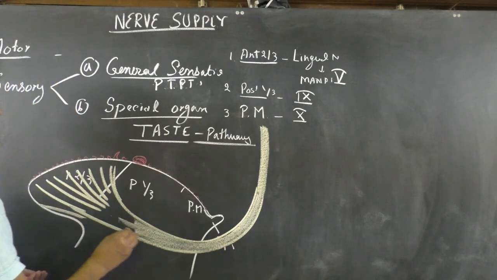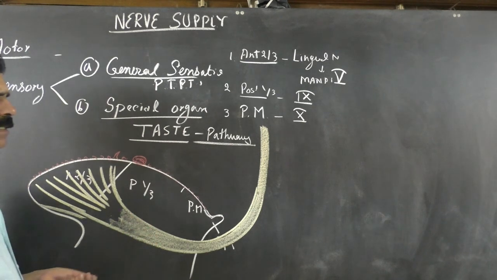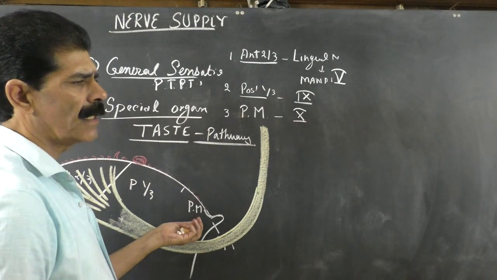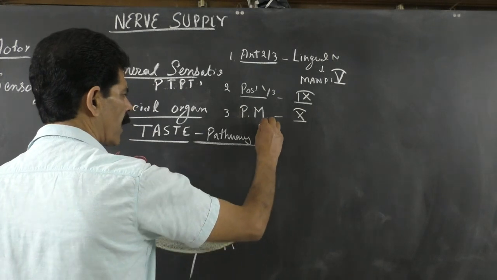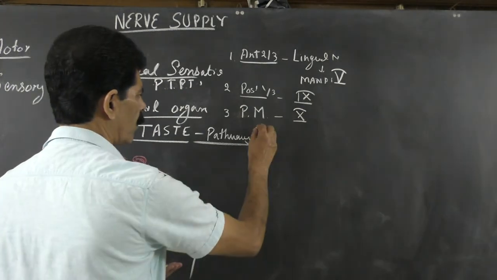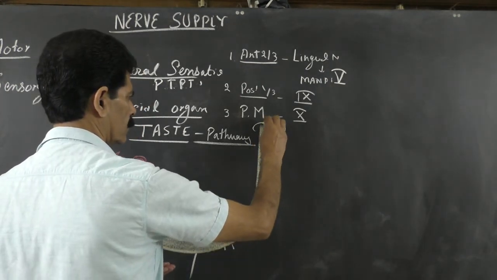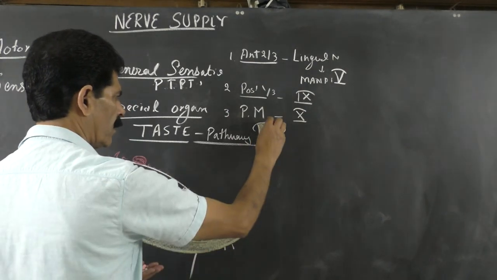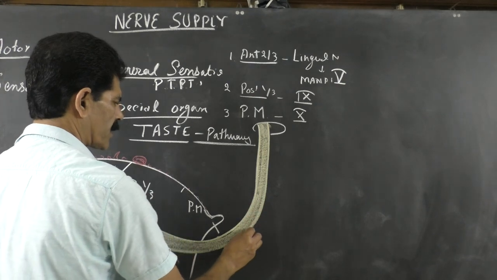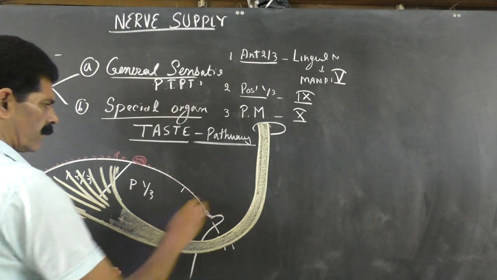It leaves the tongue from its posterior lateral aspect, and it touches the mandible just 1 centimeter medial to the last molar tooth. Then it runs in the infratemporal fossa and goes upward toward the foramen ovale. So that is the course of the lingual nerve after carrying the pain, temperature, pressure and touch sensations from the anterior 2/3 of the tongue.